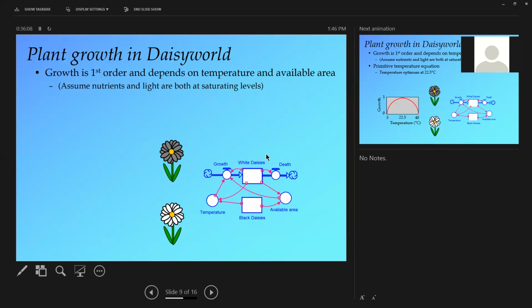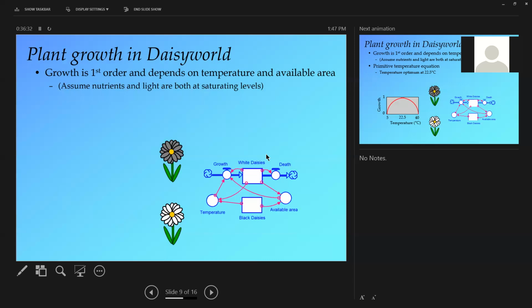Just like our very first island population model, the more of that thing there is, the more they can grow. And that's the way the white daisies and the black daisies were set up. So we're looking at a model of the white daisies here, but they grow by first order growth, and you can see the number of white daisies influencing their growth.